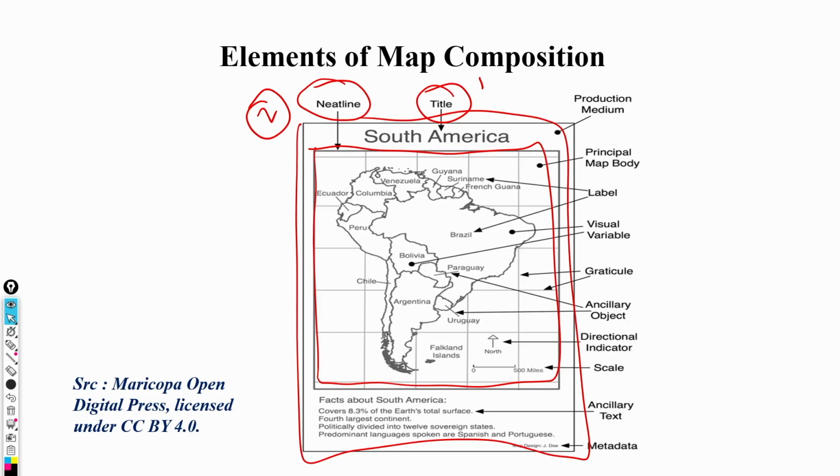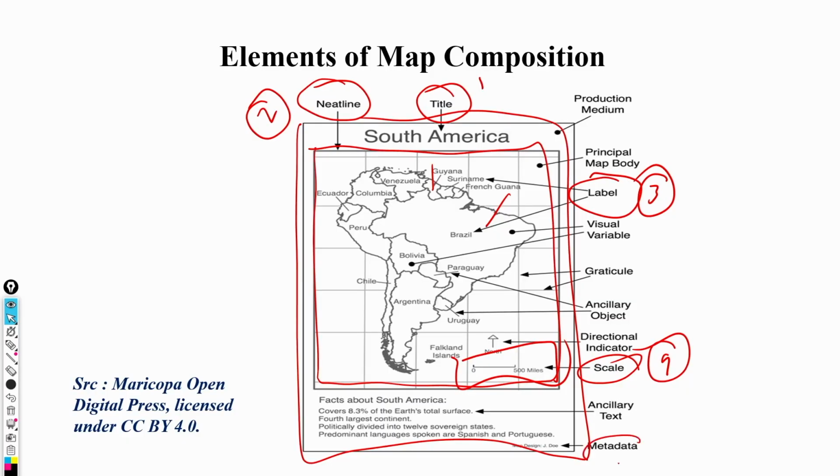Next to that, what you have is your labels. You can see here they have labeled every country. This is the South American continent's map, and they have labeled all the countries around. Then after this you have your scale, which is trying to represent the distance on the map.